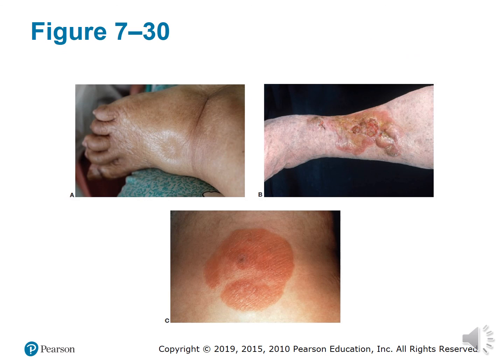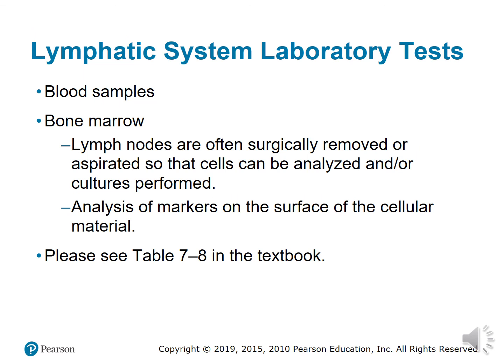You see chronic lymphedema, A, lymphoma, and B, T cell lymphoma, and C. Laboratory tests associated with the lymphatic system: blood samples, bone marrow, lymph nodes are often surgically removed or aspirated so that the cells can be analyzed or cultures performed.